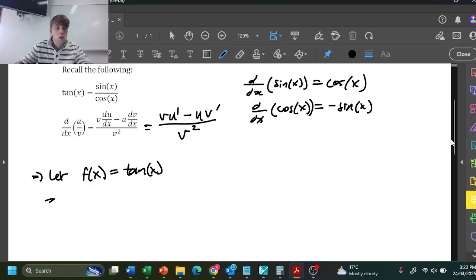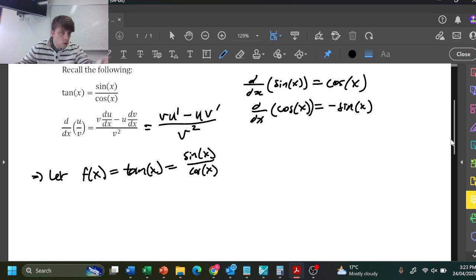We want to show the derivative of f, which of course could be given by the limit definition that we know and love. But before we move on, we can recall that tan x is exactly equal to sine x divided by cosine x.